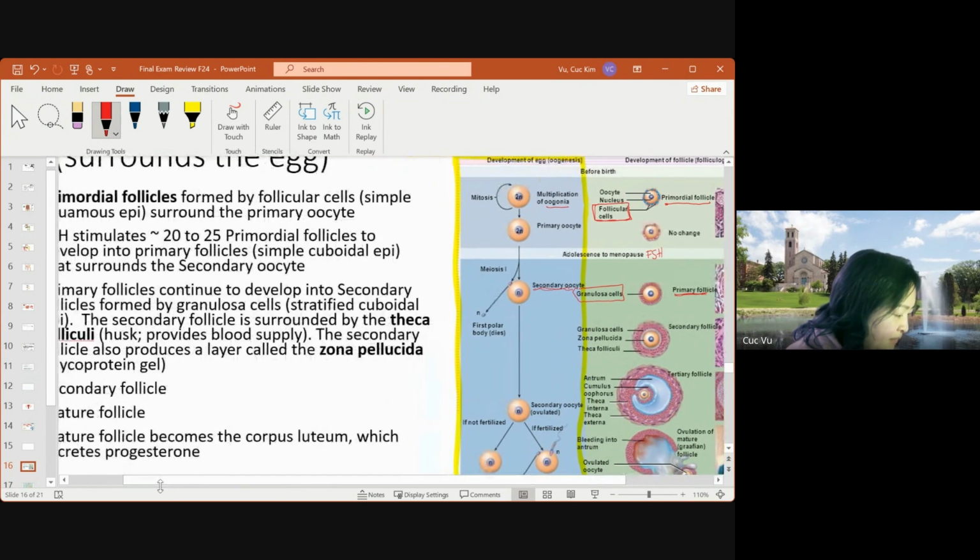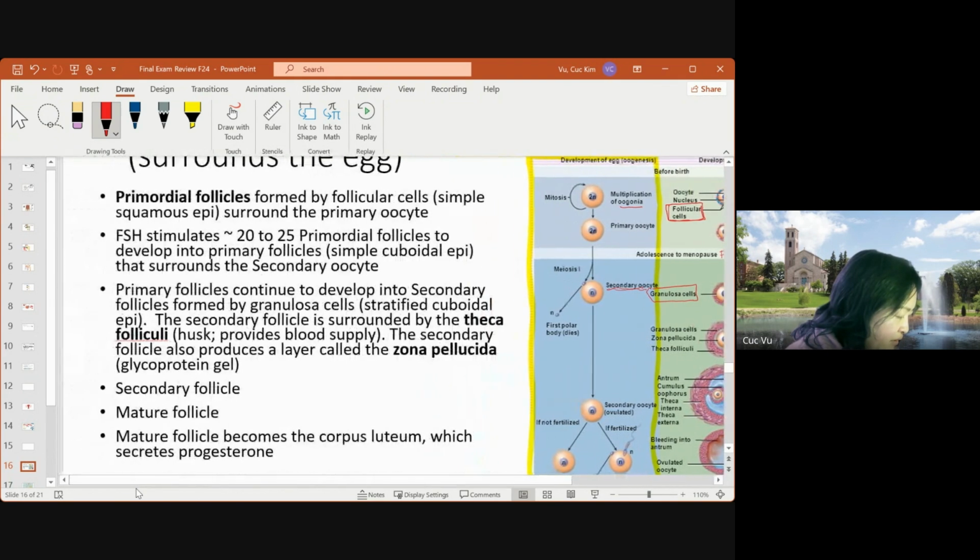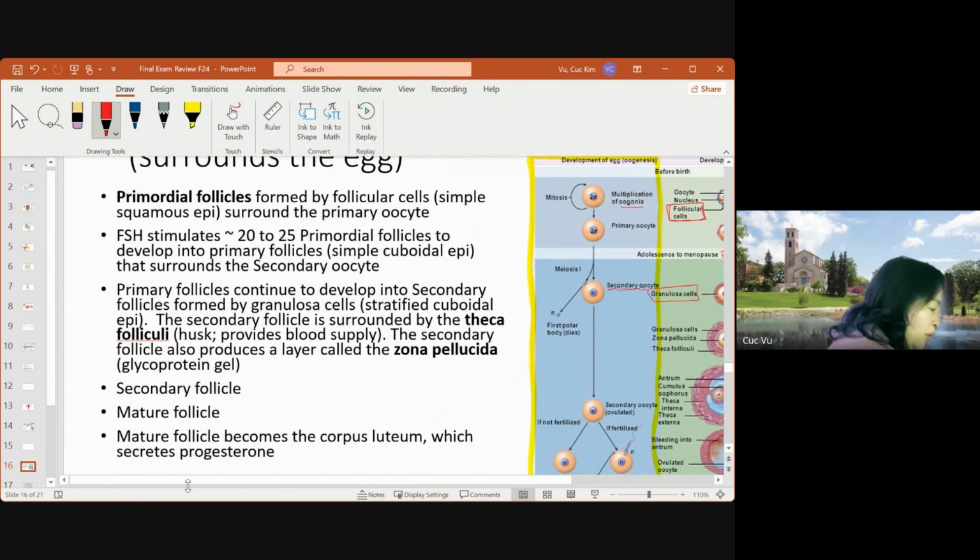Okay. So you can see over here, the primordial follicle, which is surrounded by follicular cells, is made up of simple squamous epithelium, whereas the primary follicle is made up of simple cuboidal epithelium.